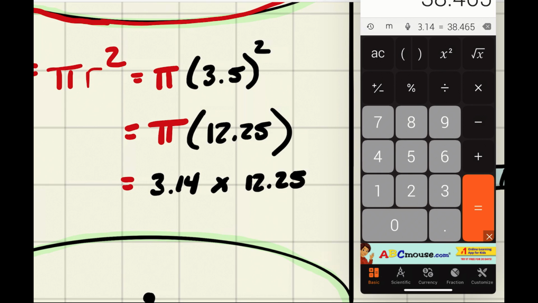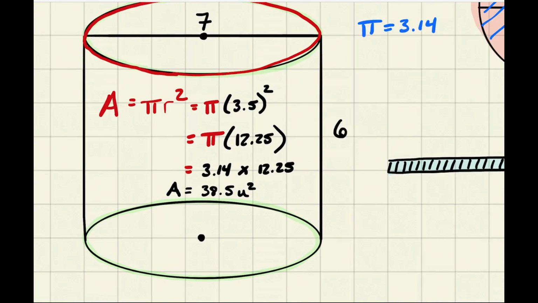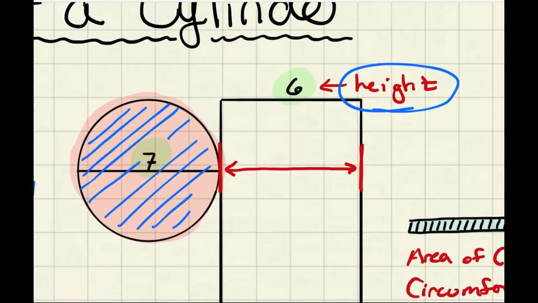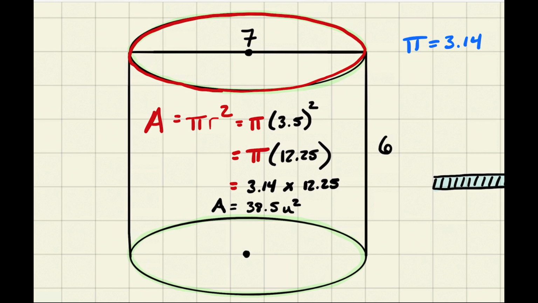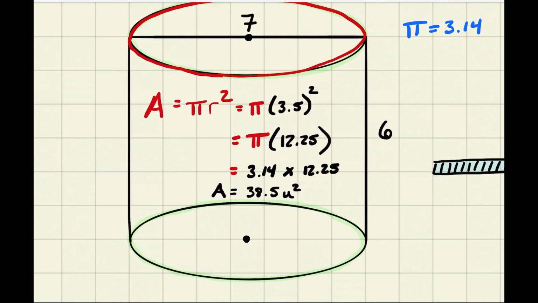And we'll round this to 38.5 units squared. So we're not going to do anything with that just yet, but that's the area of the base. Okay, so that was step number 1, find the area of the base. So anytime you're working with a cylinder, first thing you do, find the area of that base.